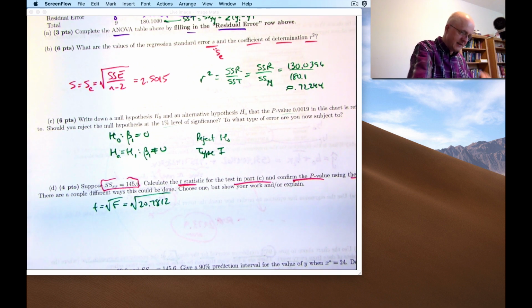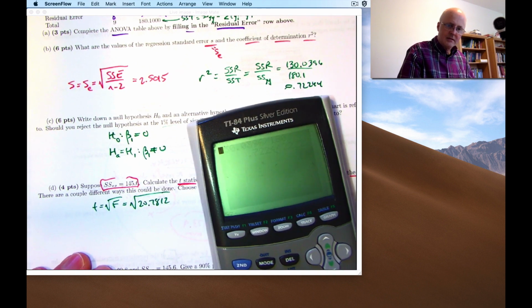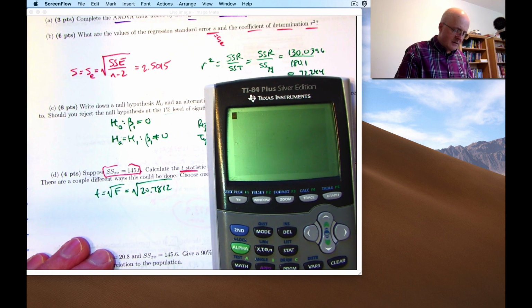That's the fastest way to get the t-value here. I'll do it as a 1/2 power this time. 20.7812 to the 1/2 power is about 4.559.